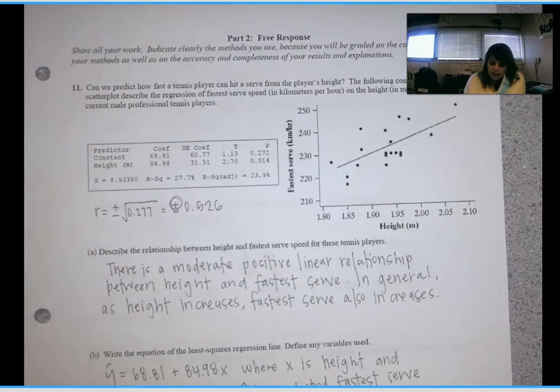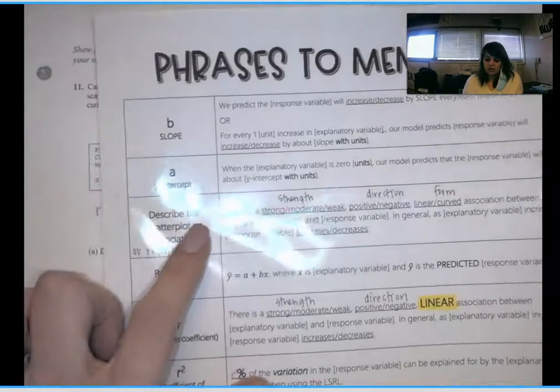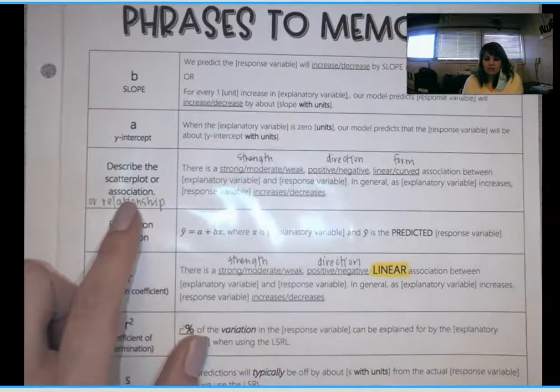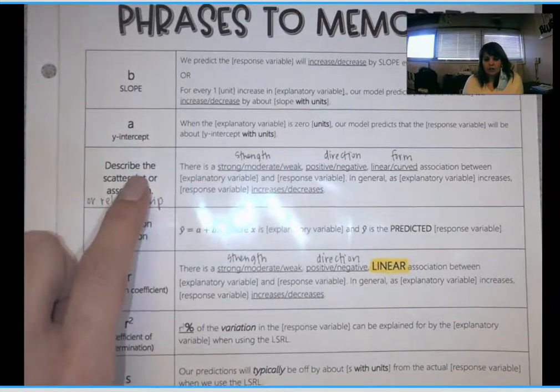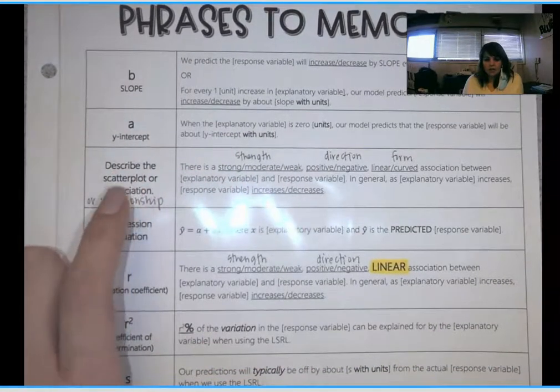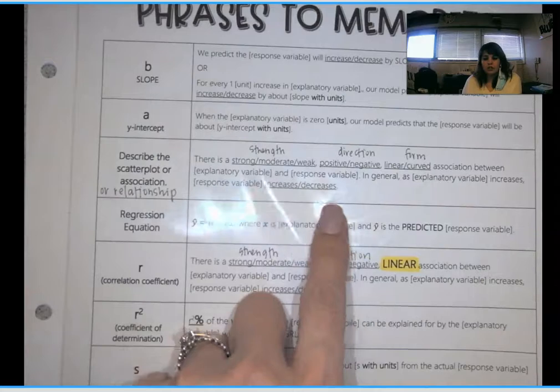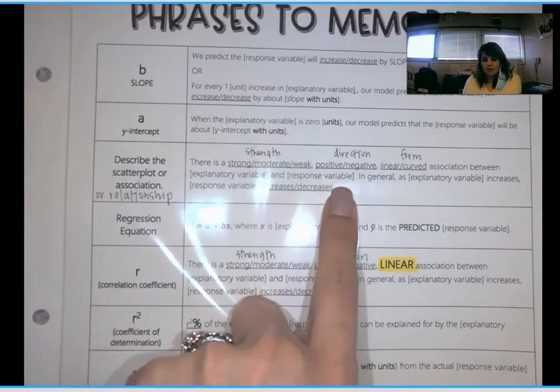So A, describe the relationship between height and fastest serve speed for these tennis players. So notice on your phrases to memorize, if you're asked to describe the scatter plot, describe the association, describe the relationship, you're using this sentence frame.